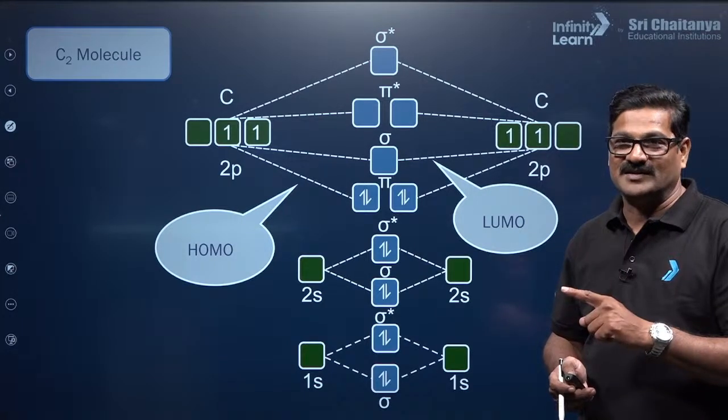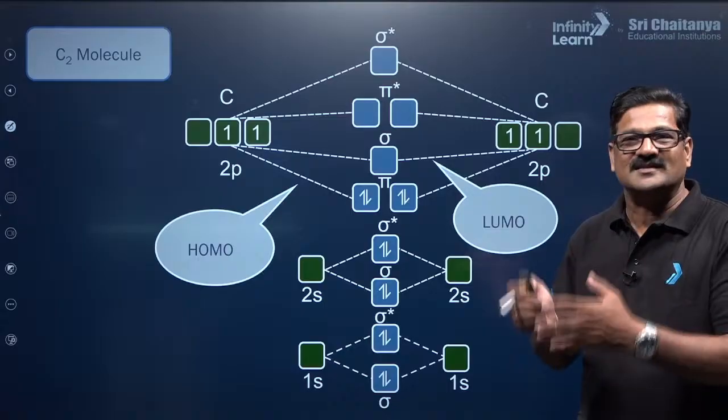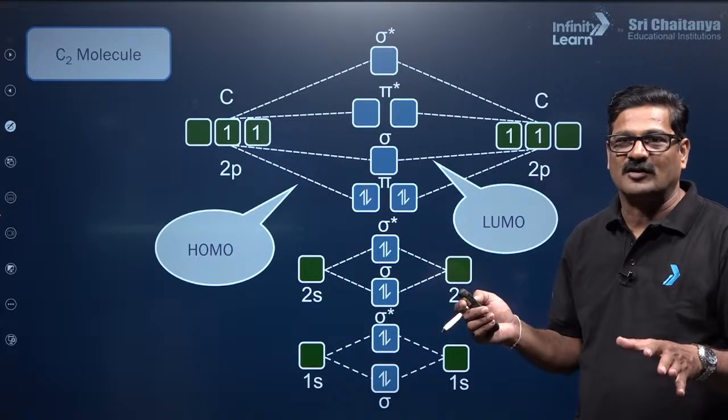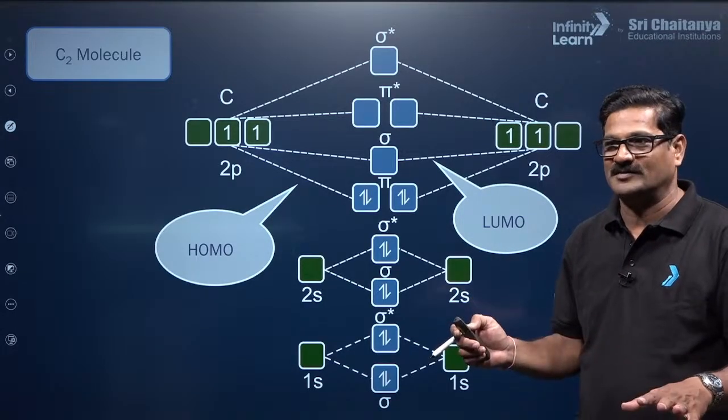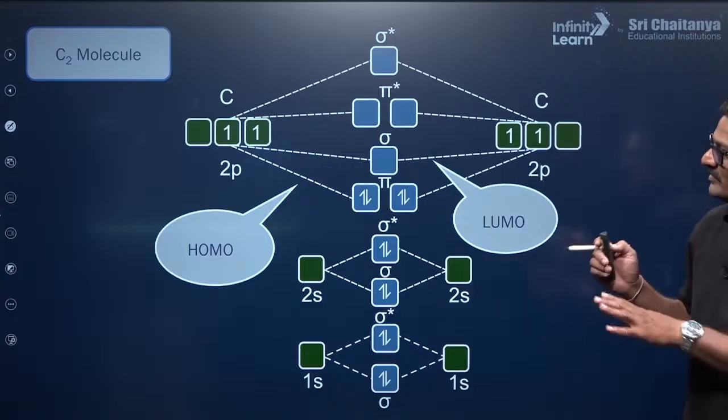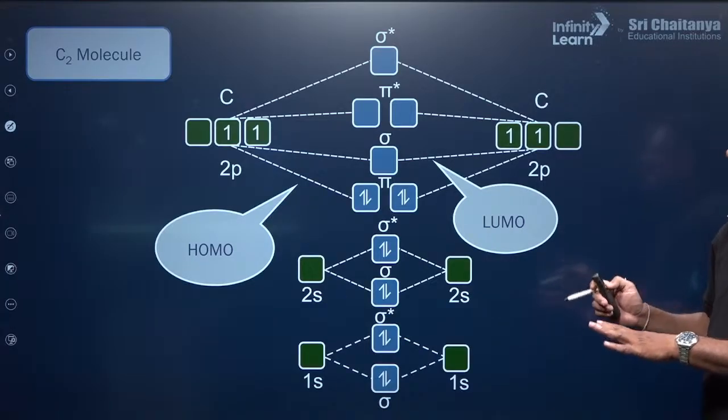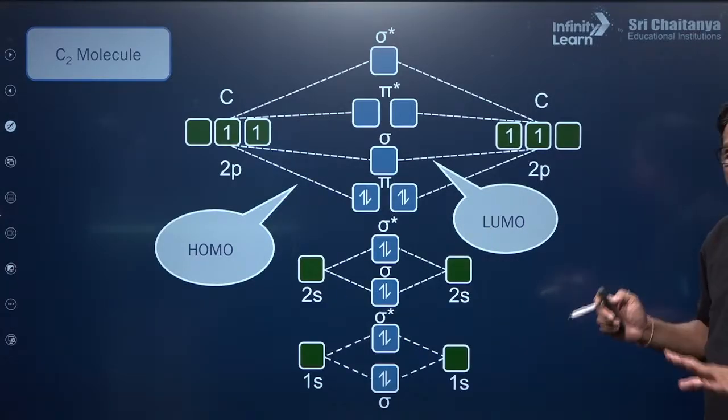Identification is important. Electrons always enter into the HOMO. This is how it is clearly shown, so the terminologies are very important.